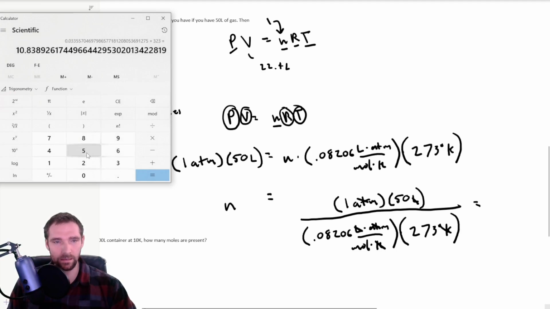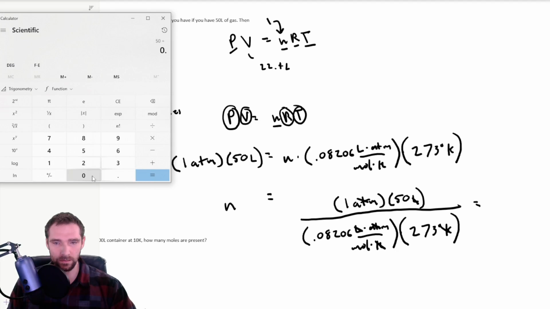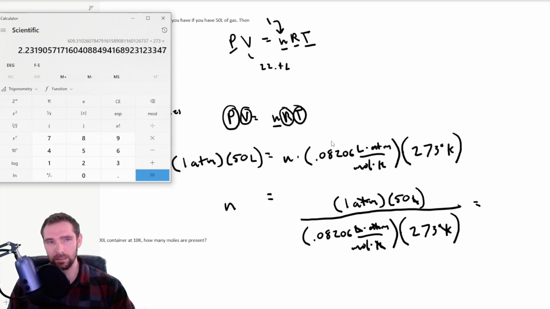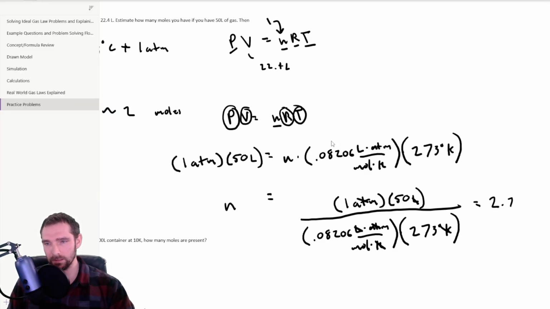So if we have, it looks like 50 divided by 0.08206. Okay. And then we're dividing that by the 273. It looks like we're getting 2.23 moles.